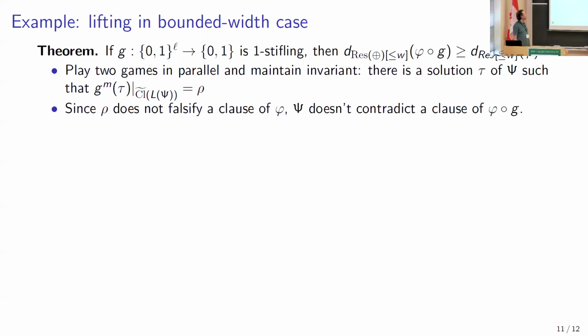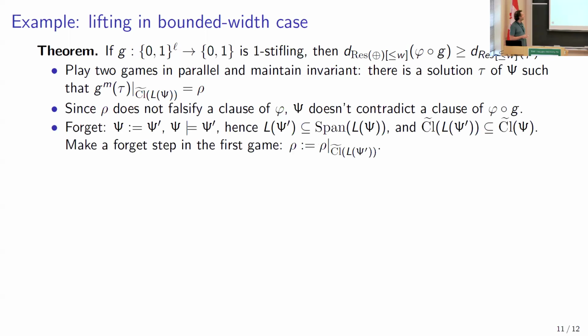And since the partial assignment rho in the first game doesn't falsify a clause of phi, it implies by the property of the closure that the linear system doesn't contradict a clause of the lifted formula. And let us consider steps.